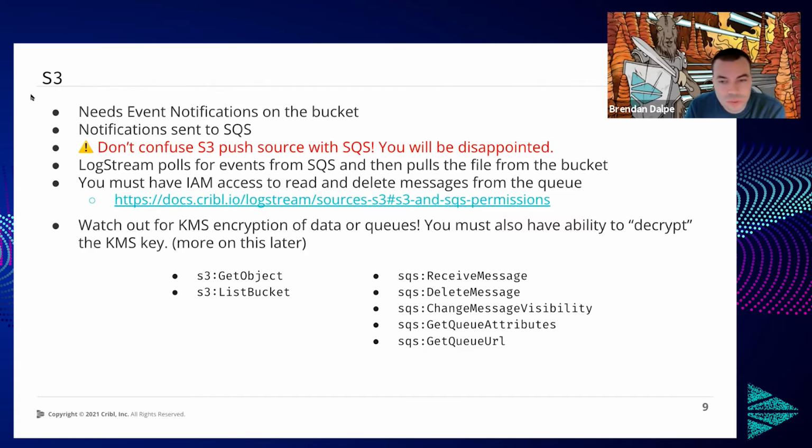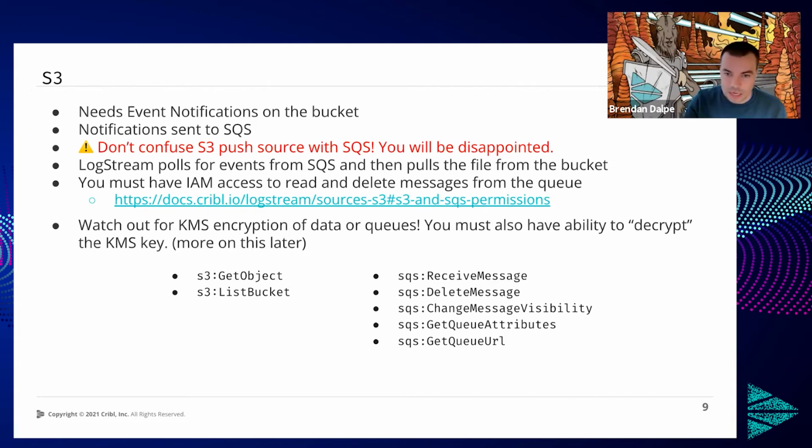You do need to set up event notifications on the bucket, and typically that is for all put requests. So when a new file is written to the bucket, it will send a notification to an SQS queue, and that queue holds the messages that Logstream will pull.